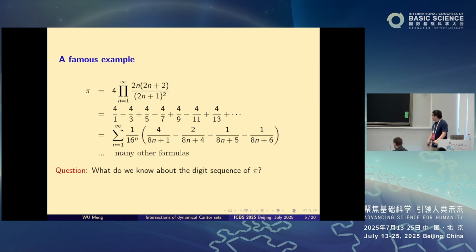Here's a famous example: pi. If you Google pi on Wikipedia, you will probably find more than 20 different expressions of this number. You can find all these very nice, beautiful analytic expressions for pi, but mathematically we know very little about the digit sequence of pi.